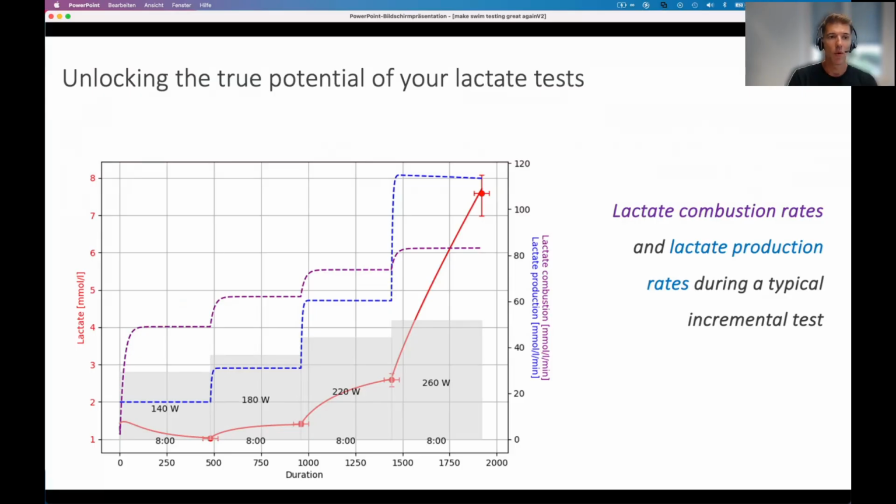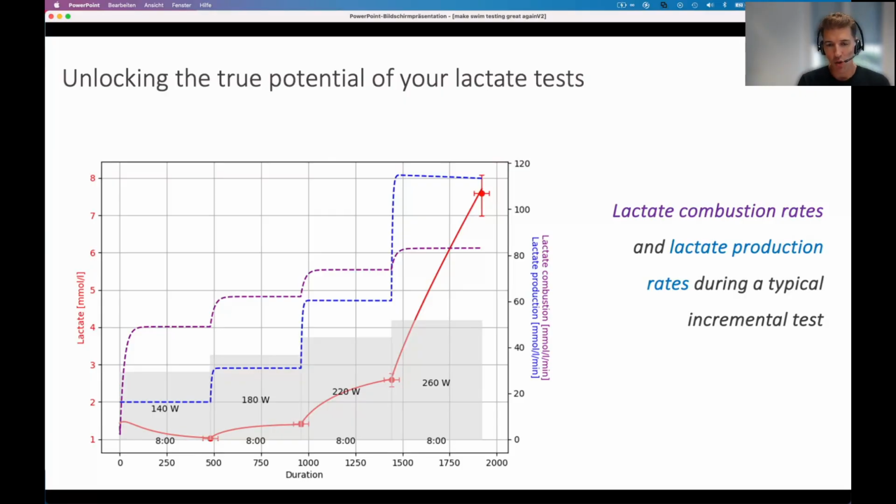So what's the solution? The solution is mathematically to decipher, and that's what I'm showing you here and going to explain, the actual production and combustion of lactates that creates a certain concentration.